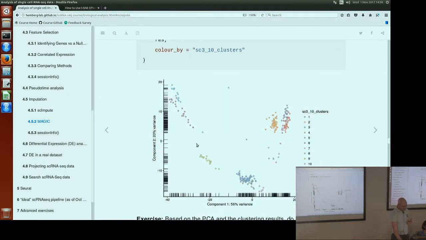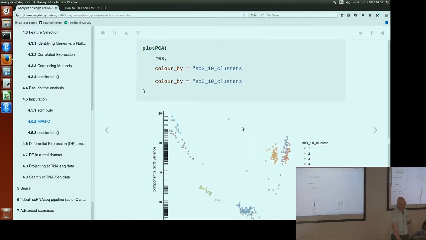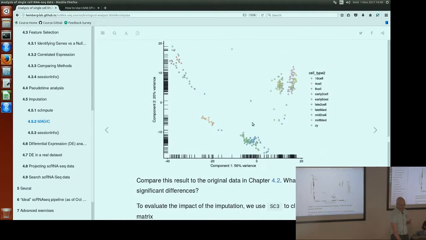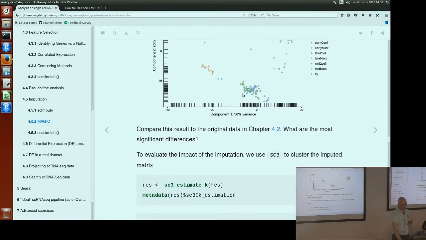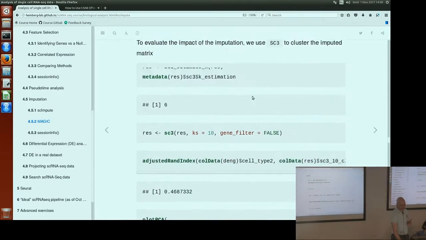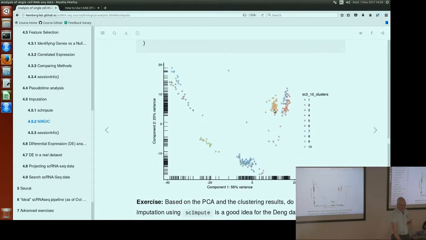You can also see, by comparing this PCA plot where the clusters have been colored with the previous one with the original labels, what it has done to the clustering and where it seems to be mixing things up.